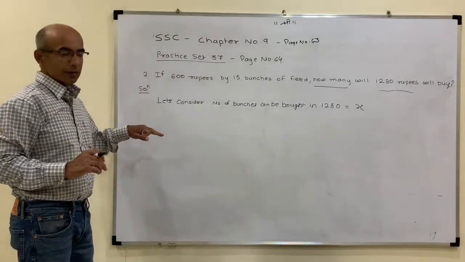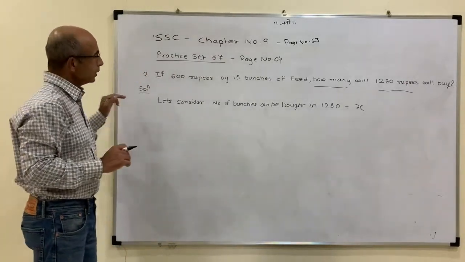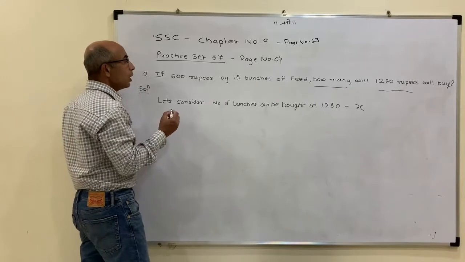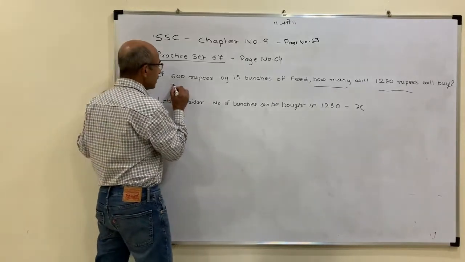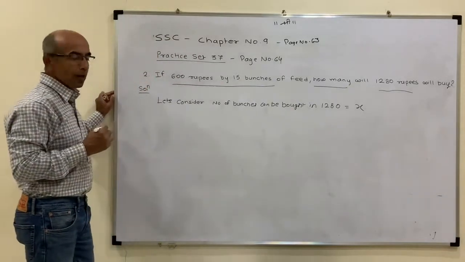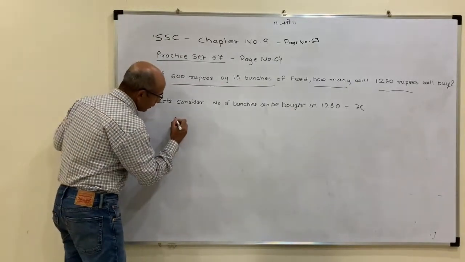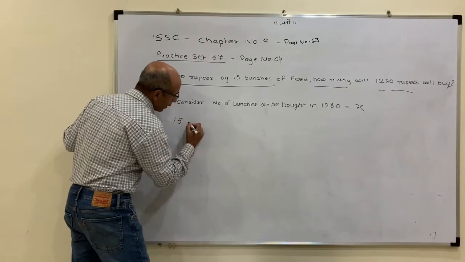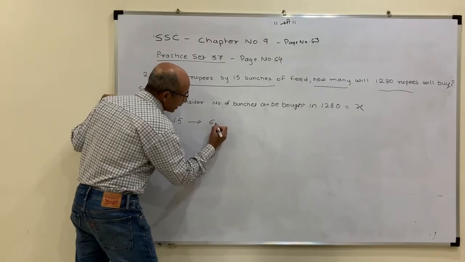Now we need to construct the equation. Another thing we need to pay attention to is what is given. The given is 600 rupees, 15 bunches. So let's consider that for 15 bunches we have to pay 600 rupees.